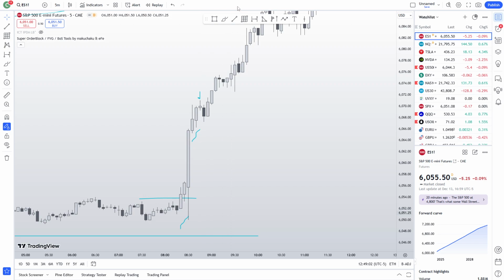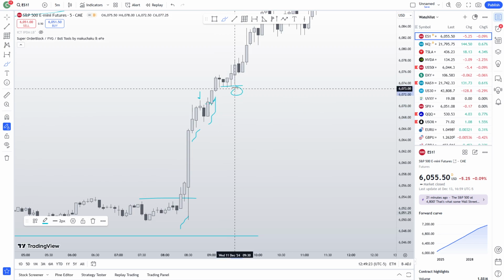So even if you did take this and you said, okay, this is bearish, that's fine. What happens? It gets broken immediately. So even if you did take this bearish, you just got invalidated. It keeps going. We get a turtle soup here, which is cool.